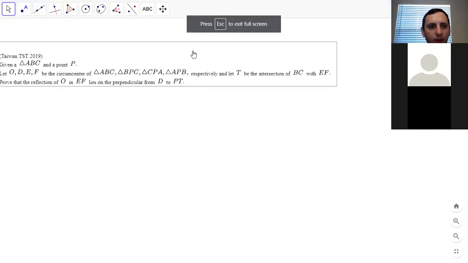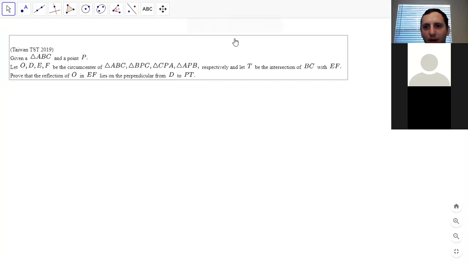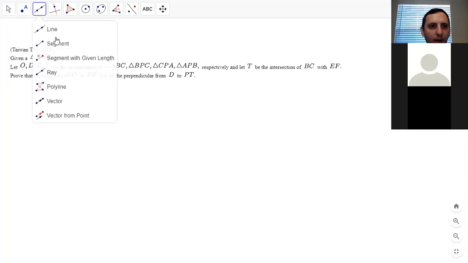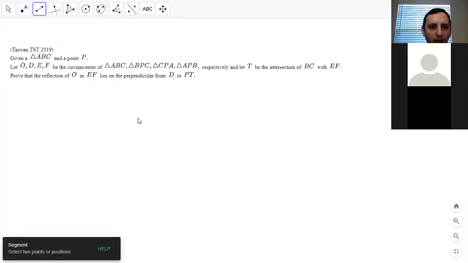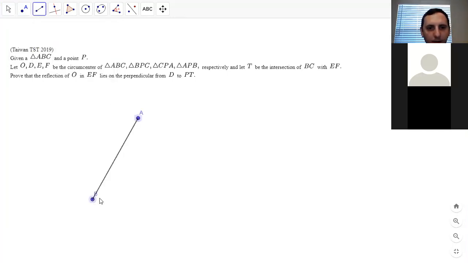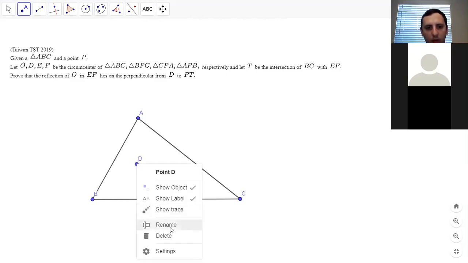Okay, so this one has a pretty short statement. So we have a triangle ABC with point P. Point P is like any point. I guess it doesn't even have to be inside it, but I'm gonna do it inside of it. And then we draw a whole bunch of circumcenters.